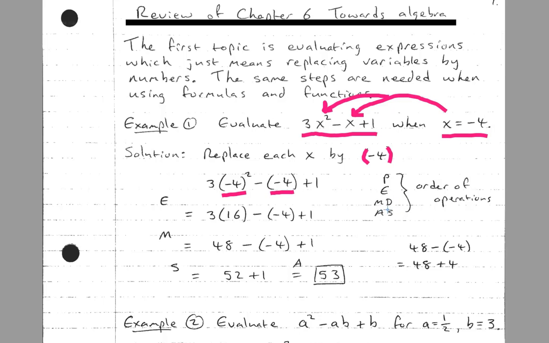They have the same priority, go left to right, and then addition and subtraction come last, left to right. Okay, we have parentheses, but nothing to do in them. So the first thing is take care of this exponent. So -4 to the power 2. And that's -4 times -4, that's 16.